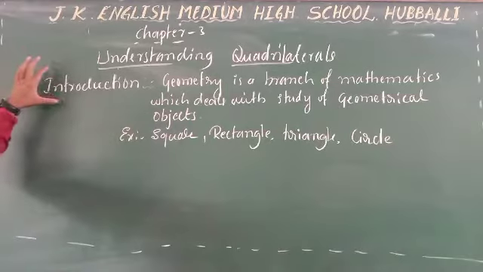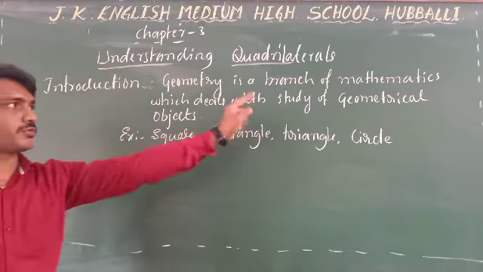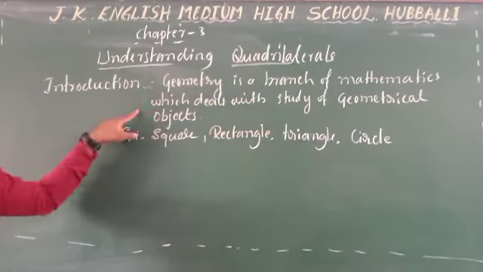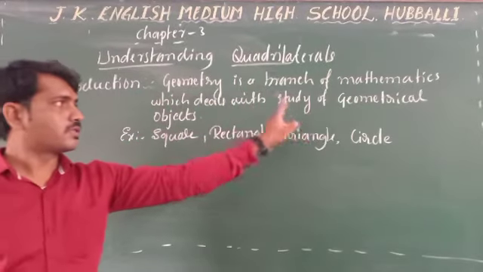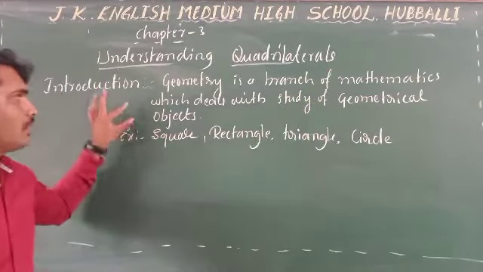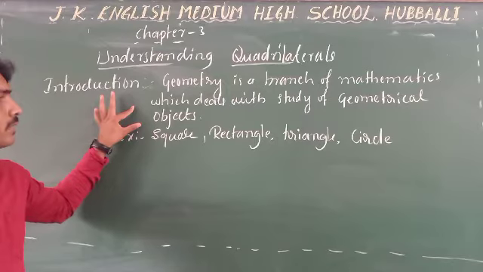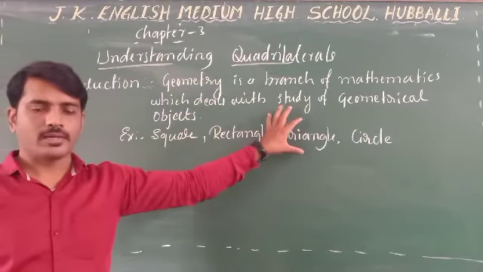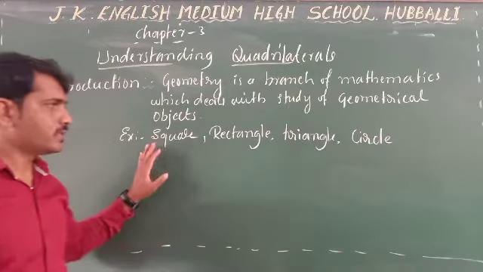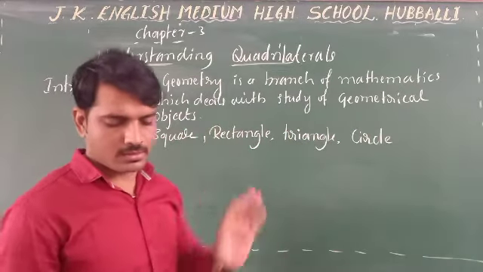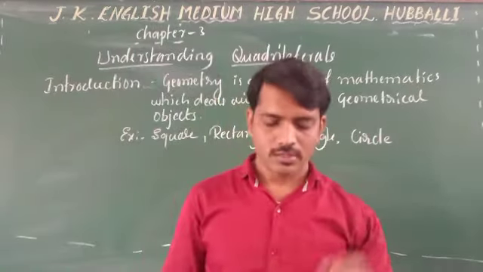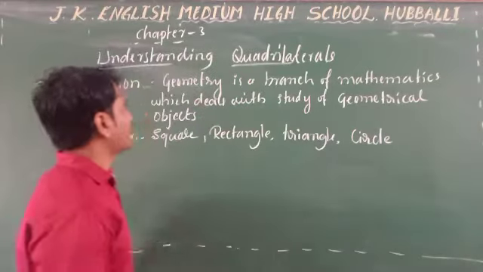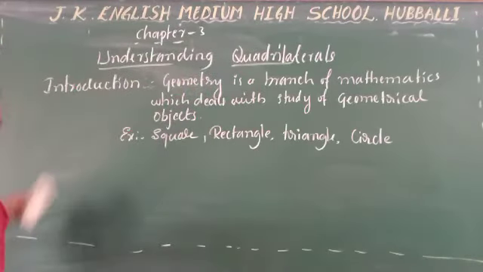Clear the introduction part? Square, rectangle, triangle and circle. These four are the basic geometrical objects. So next one, we'll go directly to quadrilaterals.